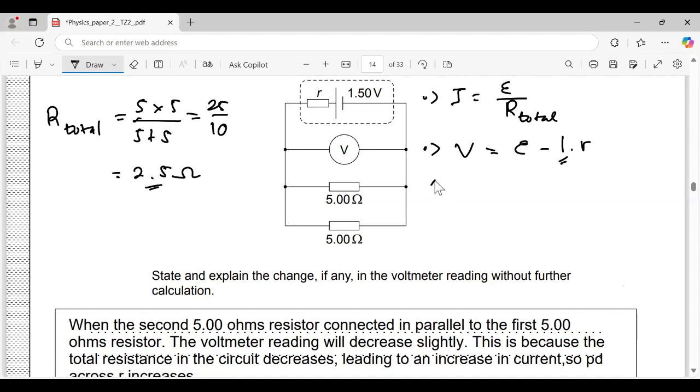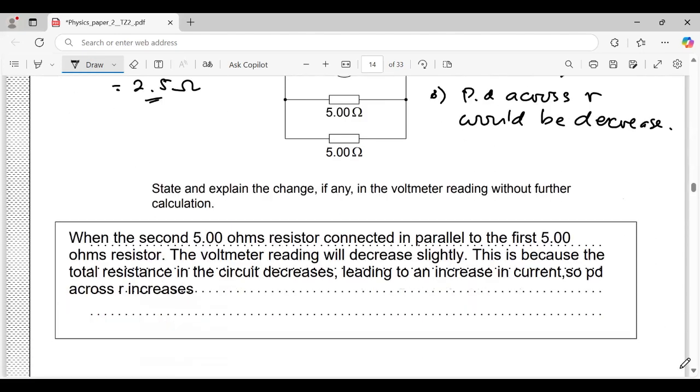And the implication for potential difference across the 5 ohms resistor R: the potential difference across R would be decreased. I think this is clear.